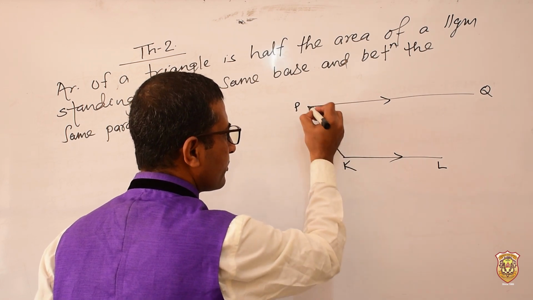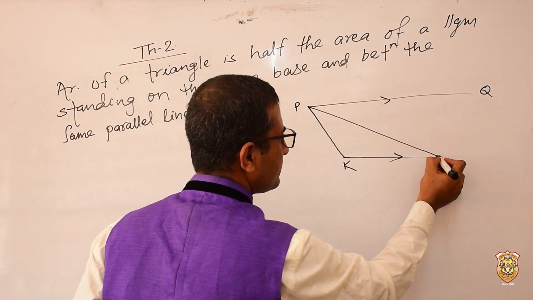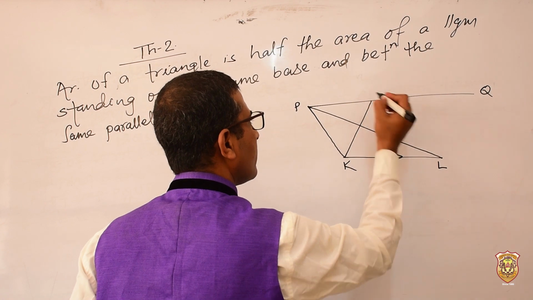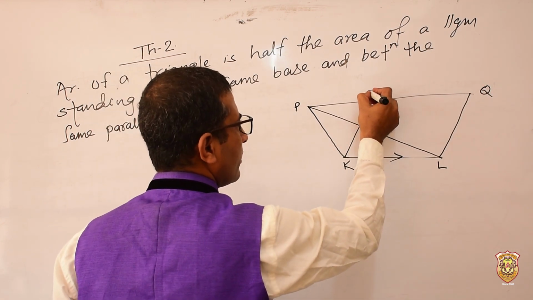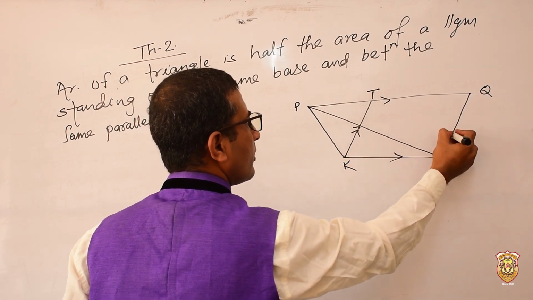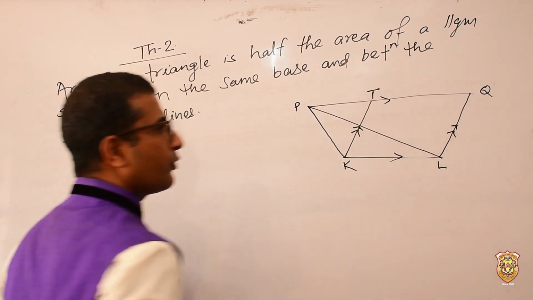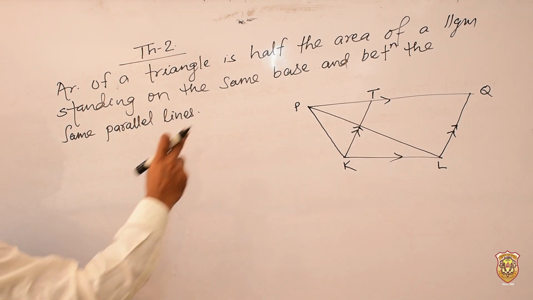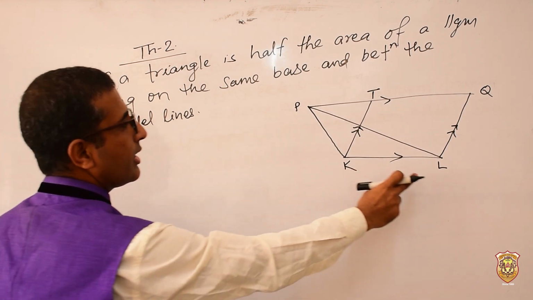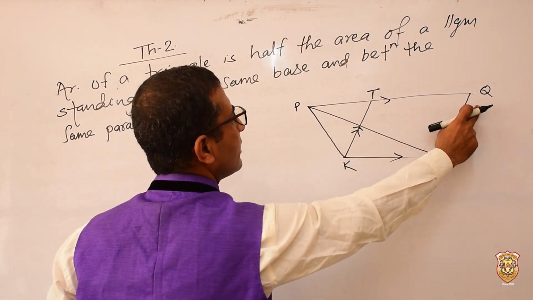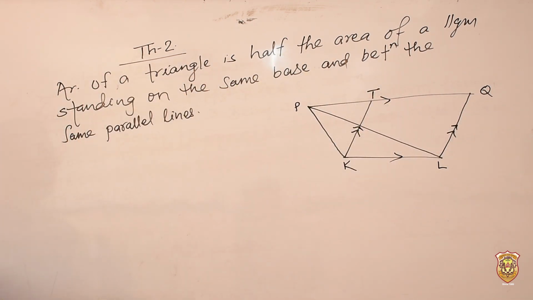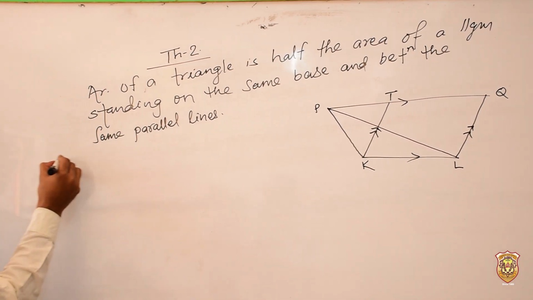On this base we have a triangle and a parallelogram. In this figure you can see triangle PKL and parallelogram KLQT. We have to prove the area of the triangle is half the area of the parallelogram.